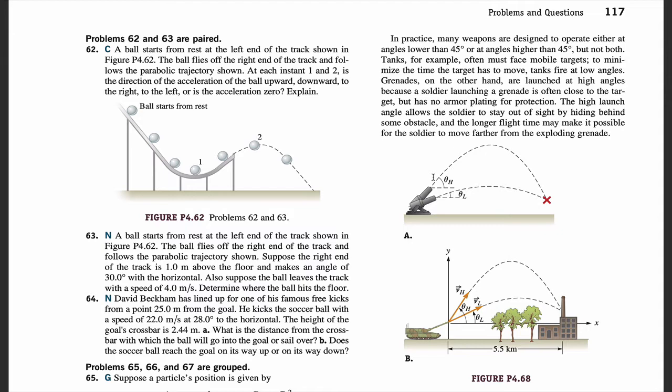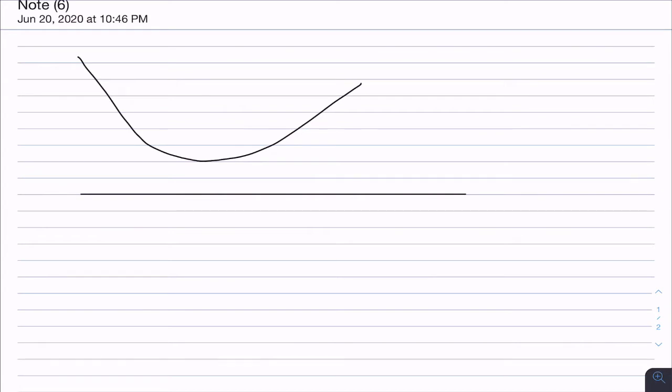Well, let's open up a file here, and let's draw a picture that's a little bit more clear so that we can see. Hopefully it's more clear. I'll do my best here. So we go down, this comes up, right? It's a track. This extends on for a long time. This is where the ball is launched.